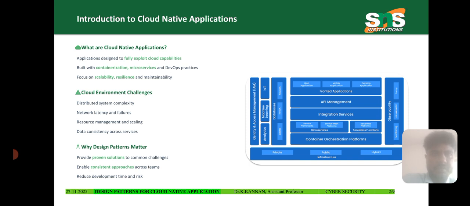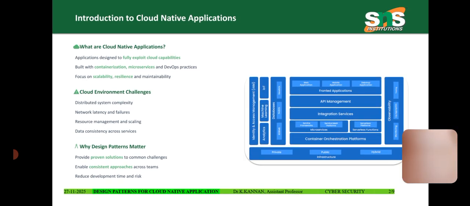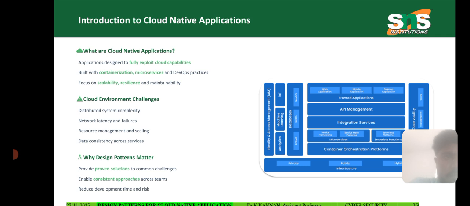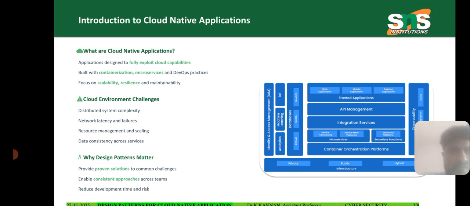And we have application programming management and integration services like a service framework, whose main objective is to serve the PaaS platforms and serverless platforms. Using these platforms we run microservices as well as serverless functions. And we have infrastructure for public, private and hybrid.